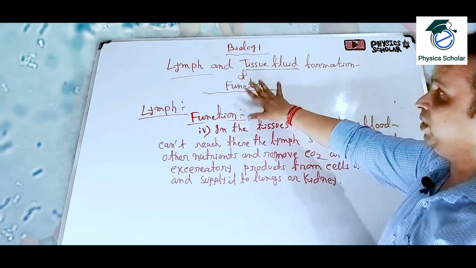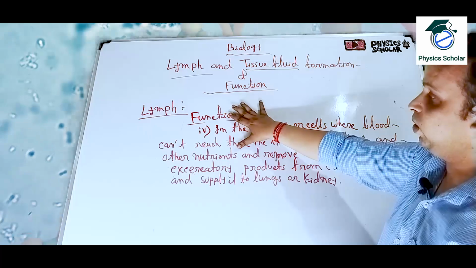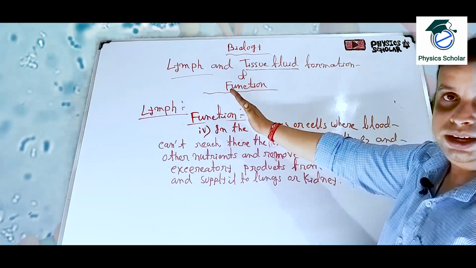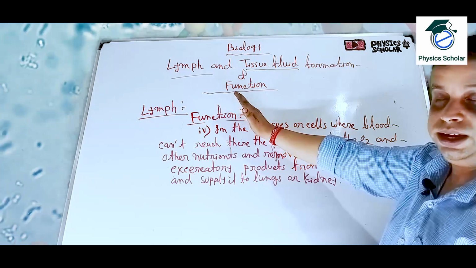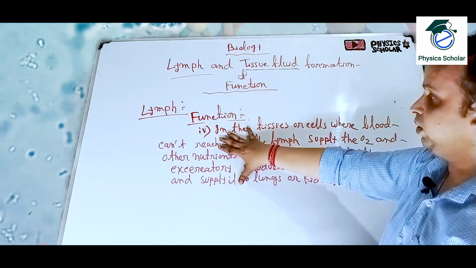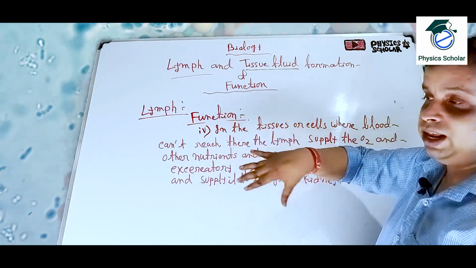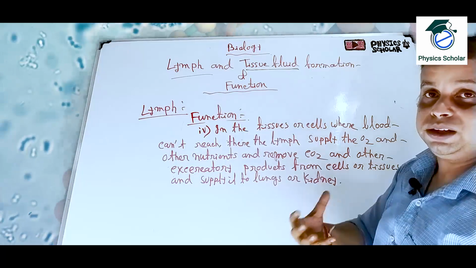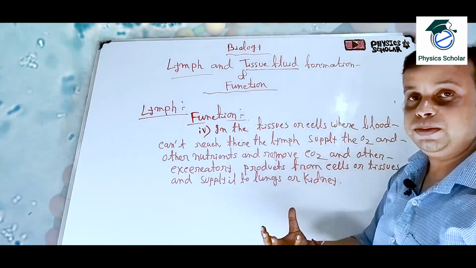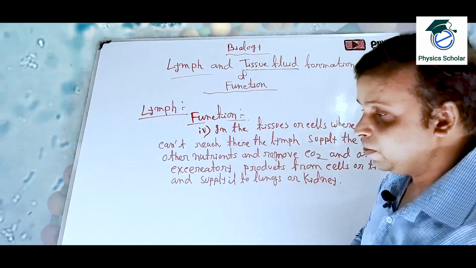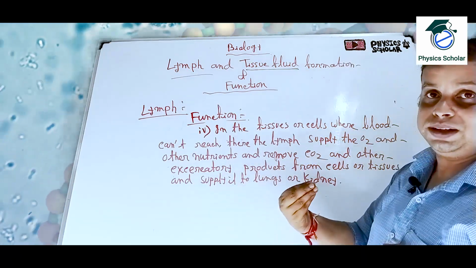So these are the basic functions. It protects our body from harmful microorganisms, supplies nutrients to our cells, and removes the excretory products and carbon dioxide from our cells. Also, from protein, it can supply nutrients to the cells.